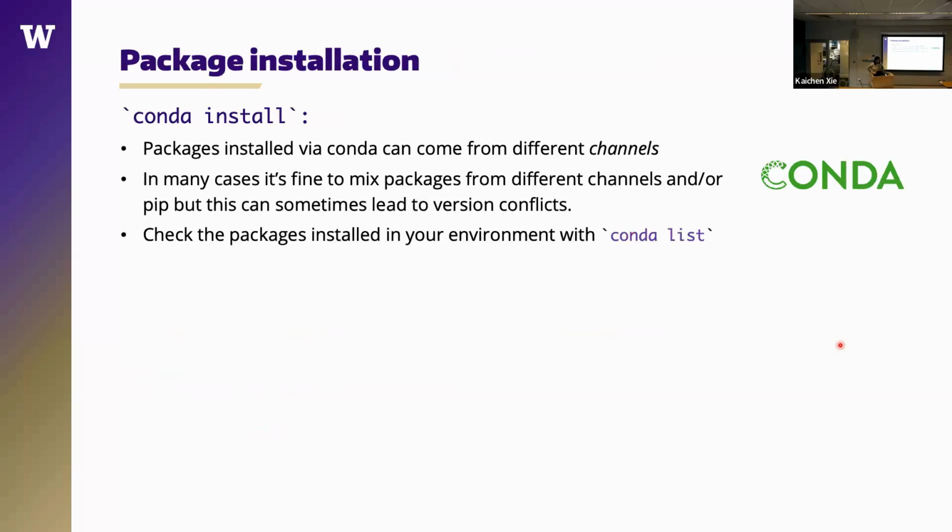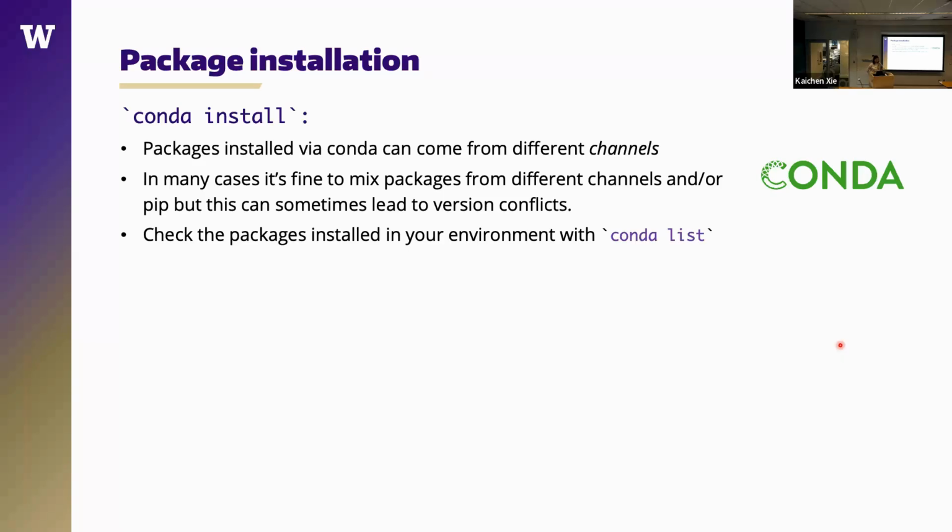And then with the Conda environment activated, you can install your own packages with conda install. The one thing to note is that packages installed with conda install may be installed from different channels. Conda has different channels for packages.